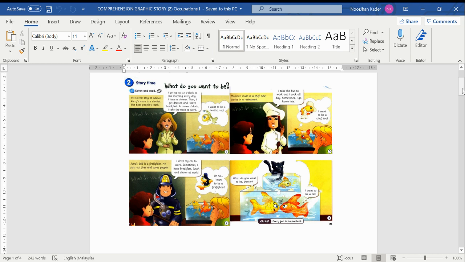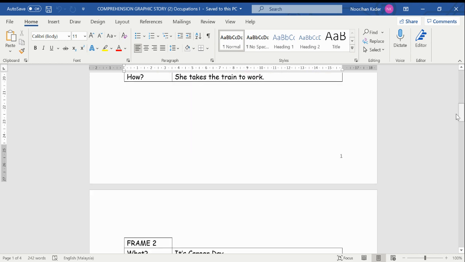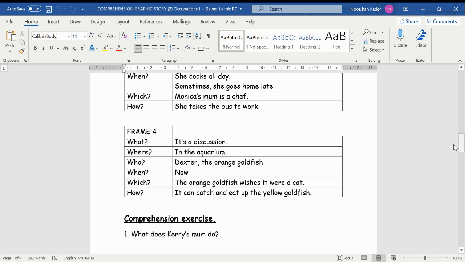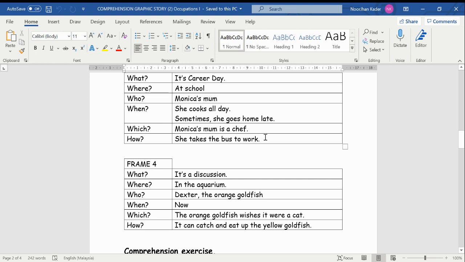So you have to be precise. When we wrote the narrative, it was more of a bigger picture, so you need not be precise, but you need to get the story going. But here you have to be precise because you are answering questions regarding each frame. She takes the bus to work.